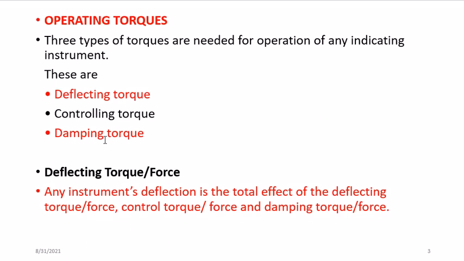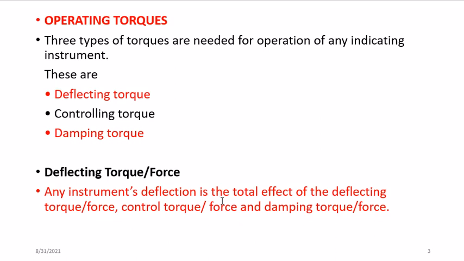Let's start with the deflecting torque. This deflecting torque is the torque which is required to move the pointer of the analog instrument from the 0 point to the point corresponding to the magnitude of the signal we are measuring.